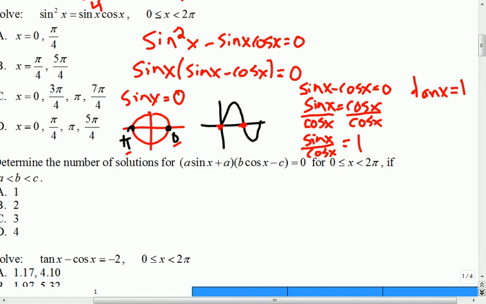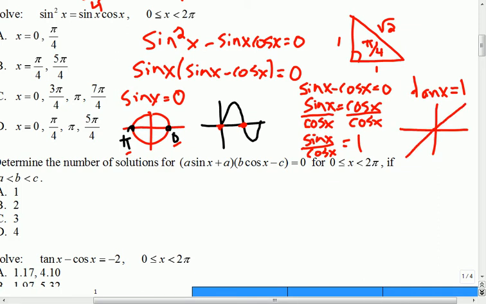So if tangent x equals 1, and again, all the information's there, it's just now it says tangent instead of sine over cosine, then that's the triangle that looks like this: 1, 1, root 2, and pi over 4 is the reference. If it's going to equal 1, I'm in quadrants 1 and 3. So that means I'm at pi over 4 here, and at 5 pi over 4 here.